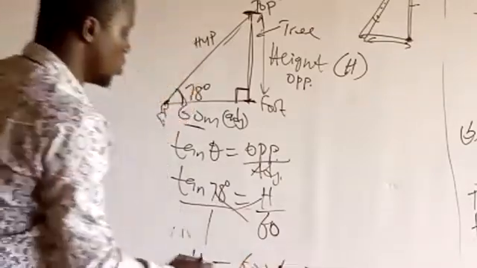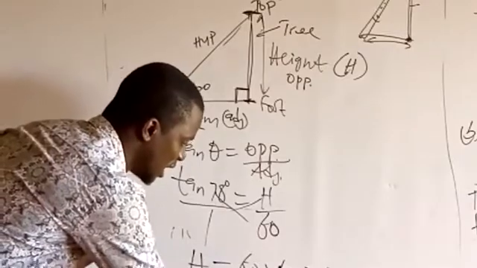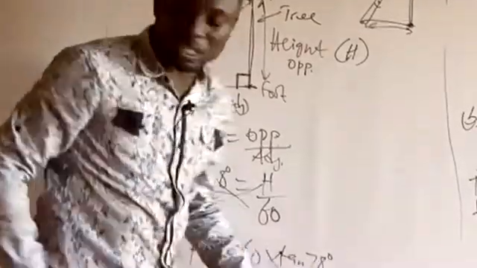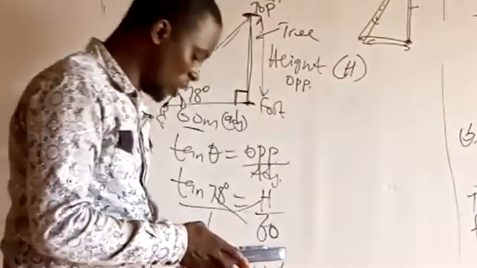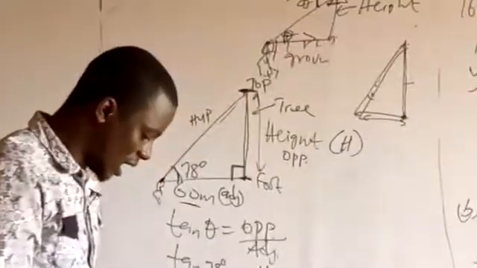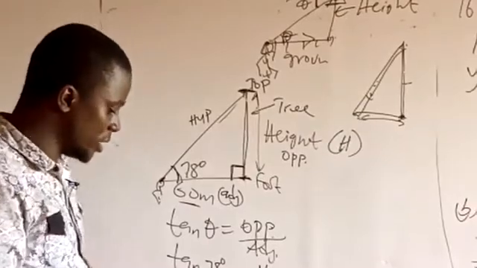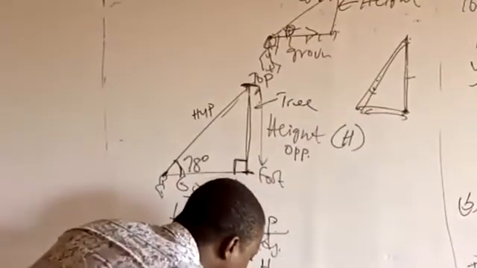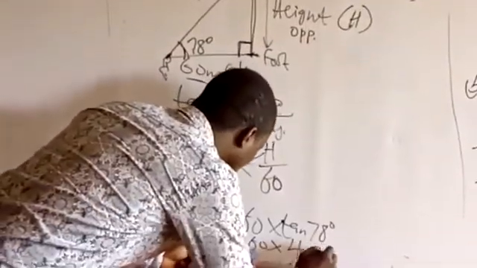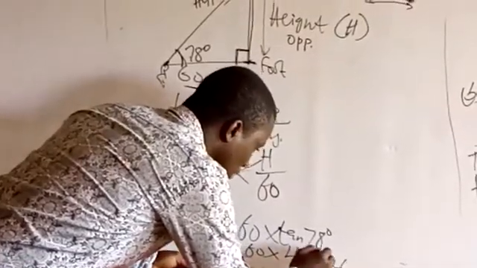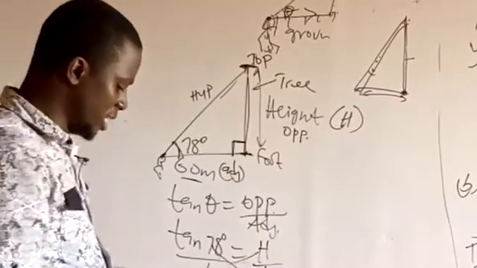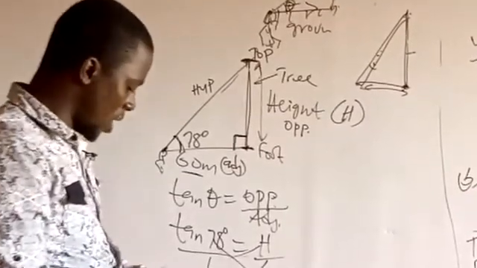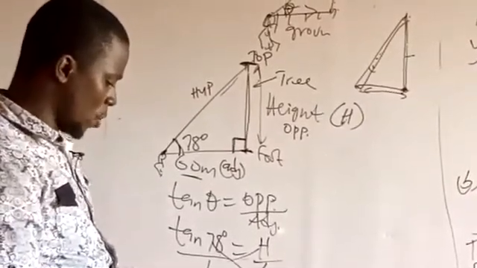Alright, so 78 degrees is not a special angle, so you can use your calculator or go to your four-figure tables to evaluate or look for the value of tan 78 degrees. So tan 78 degrees gives you 4.7046. So multiply it by 60. So now I have 60 multiplied by 4.7046.